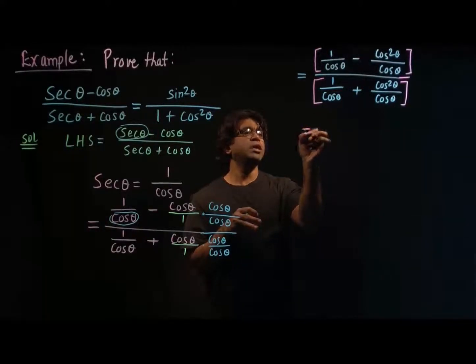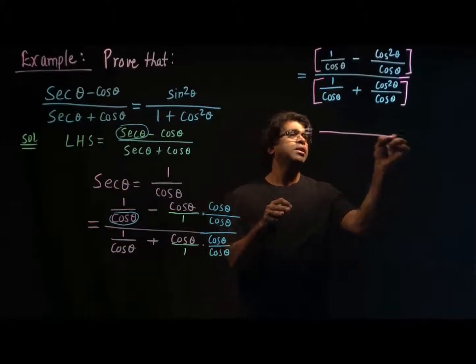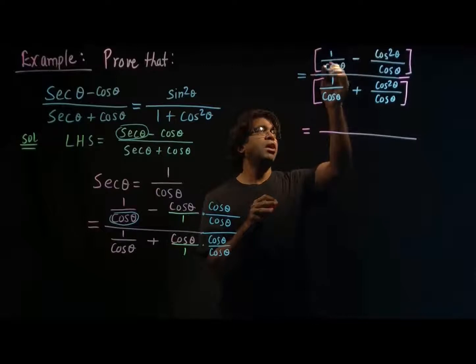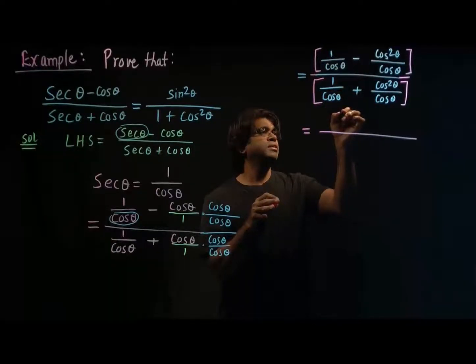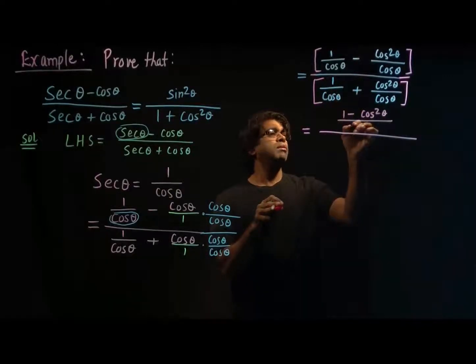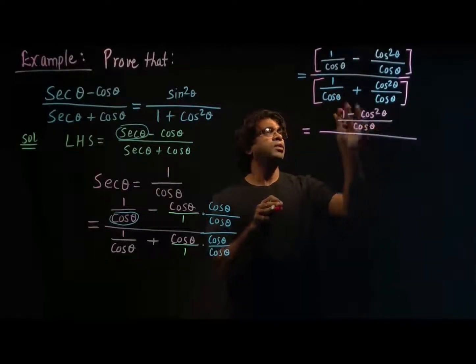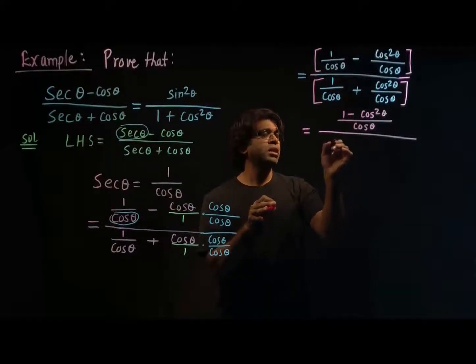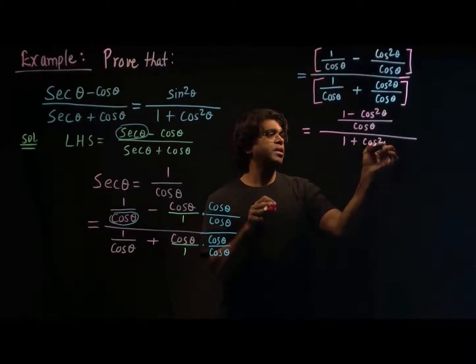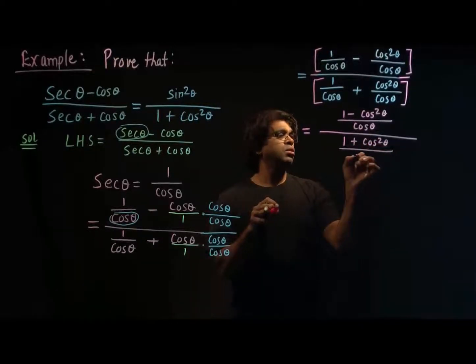Now I have 1 minus cosine squared theta divided by cosine theta. This is my numerator term, and my denominator is 1 plus cosine square theta over cosine theta.